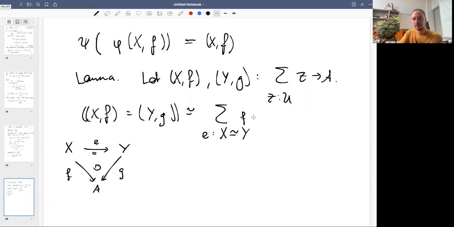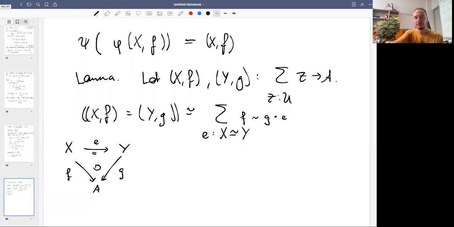So that's saying that f is g composed with e. Okay, so now the claim is that for (X, f) and (Y, g) to be equal, it's equivalent to have an equivalence from X to Y and a homotopy from f to g composed with e.